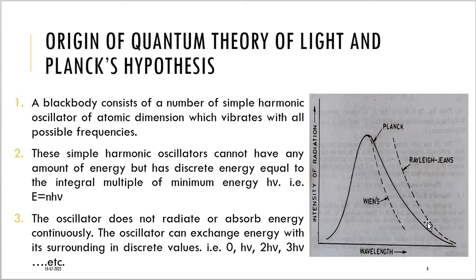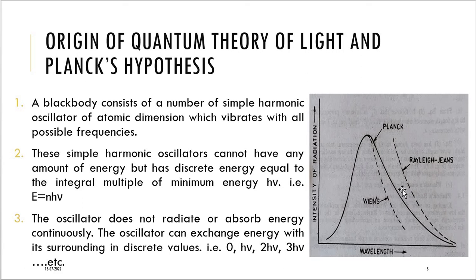Second point is that the simple harmonic oscillators cannot have any amount of energy, but have to have a discrete amount of energy, equal to n h nu. Here n is an integer, h is the Planck constant, and nu is the frequency of the energy absorbed or radiated by the harmonic oscillators.